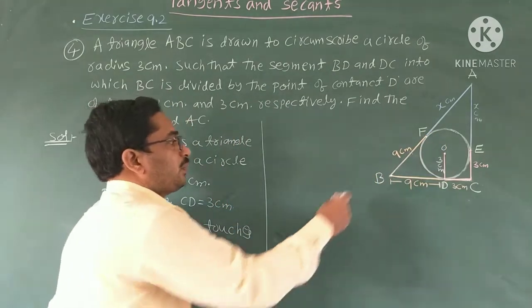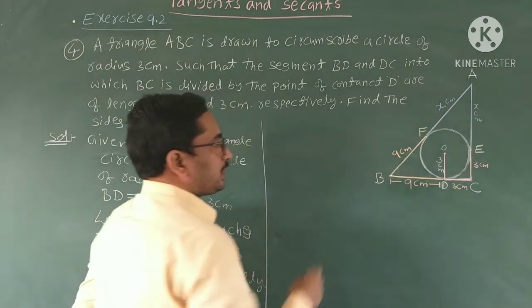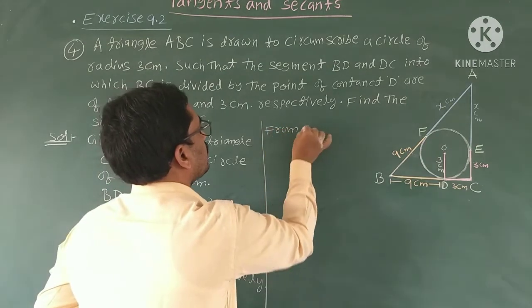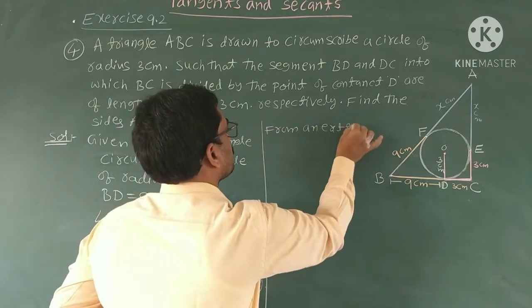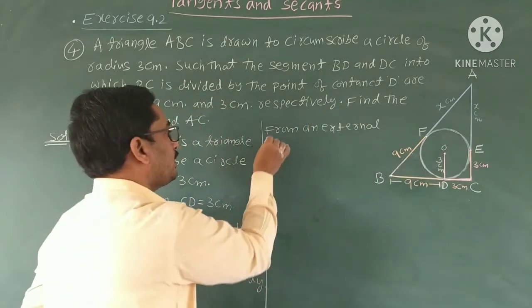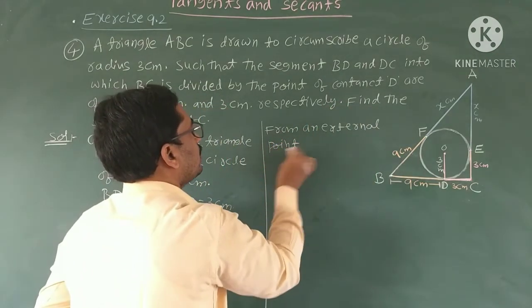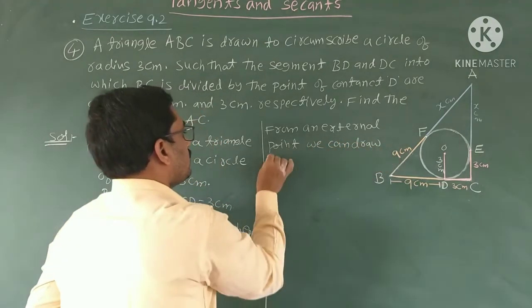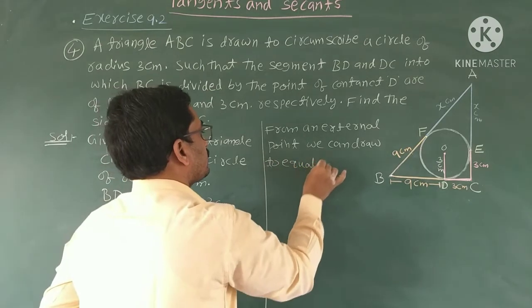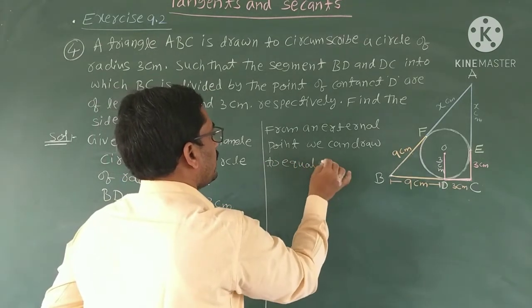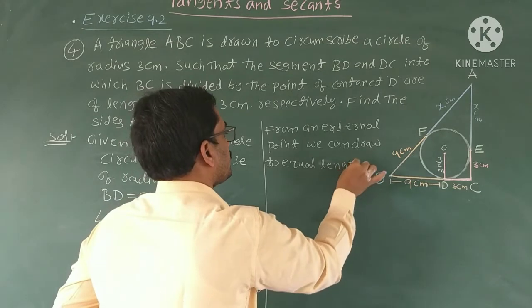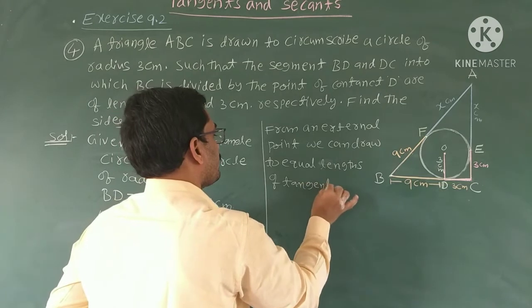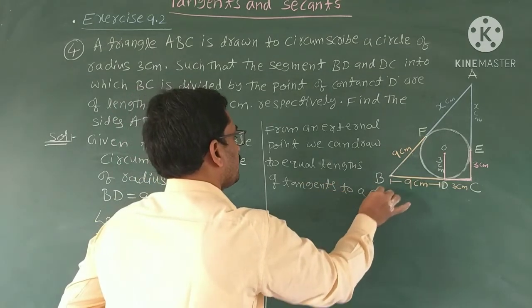Now see, from an external point we can draw two equal lengths of tangents to a circle.